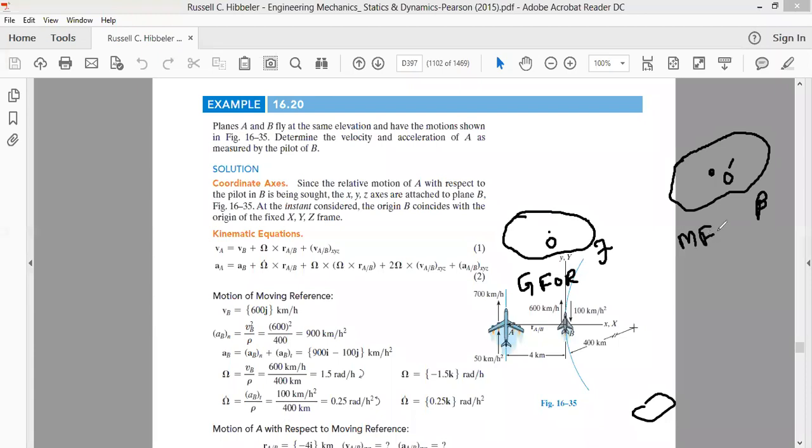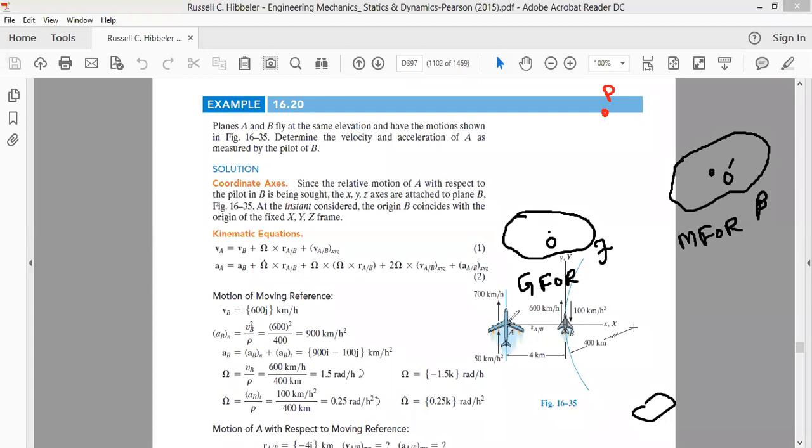Both these observers are observing the motion of a rigid body, and let's represent the position of the rigid body by P, as we are representing this rigid body by point A.